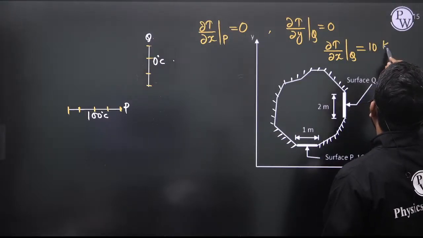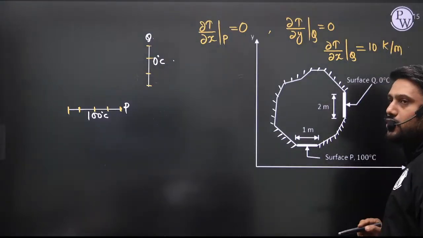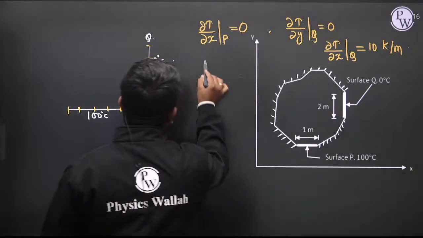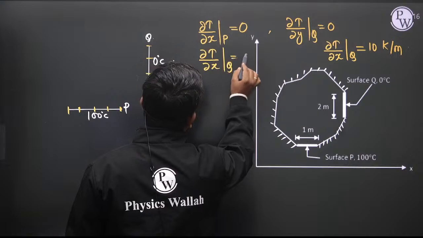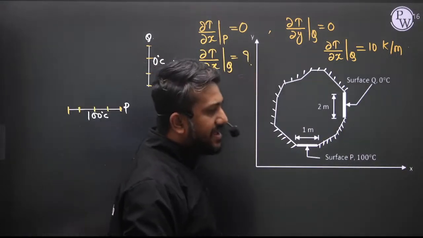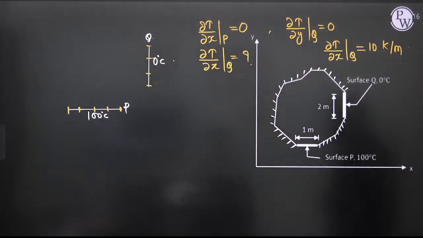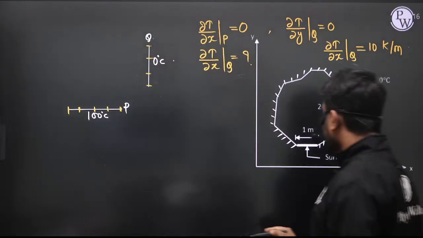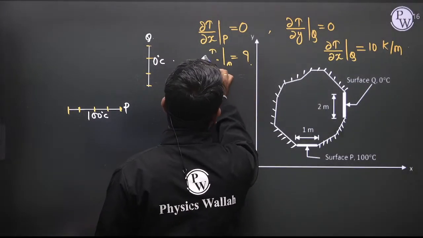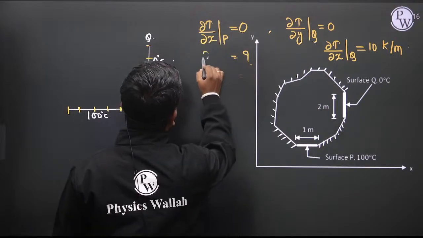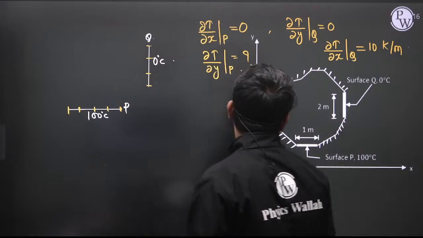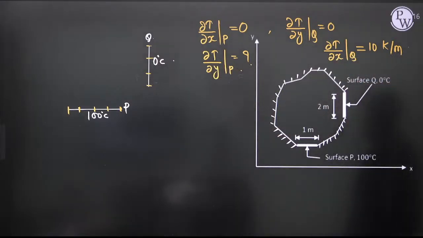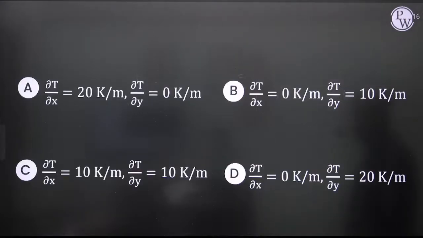Now in the question, actually del T by del X at surface P and del T by del Y at surface P are asked. This is asked.